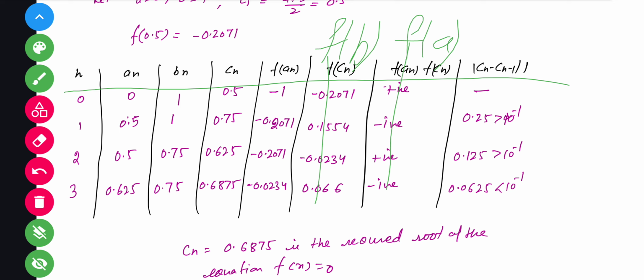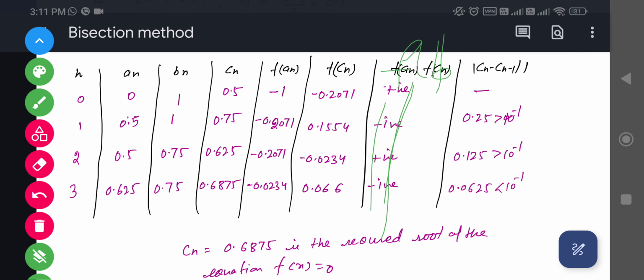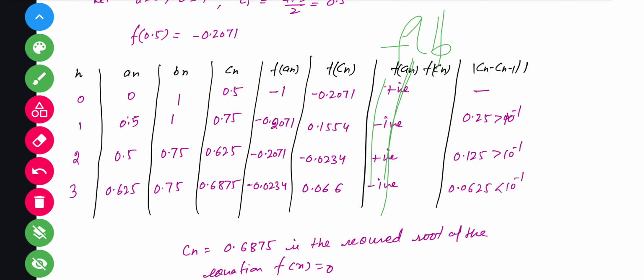Sorry, I made a mistake, here it should be FB. So we will make a table of A, B, C and FA, FB and FC, and then we will compare FC with FA and FC with FB. Whichever gives a negative value, we will use that interval as our A and B. Now what are Cn and Cn minus 1?